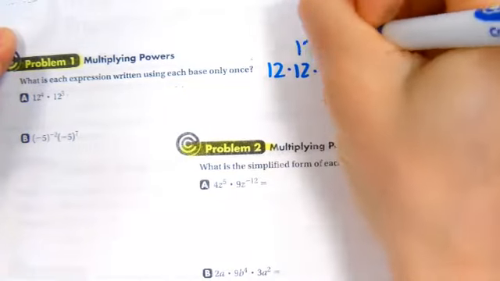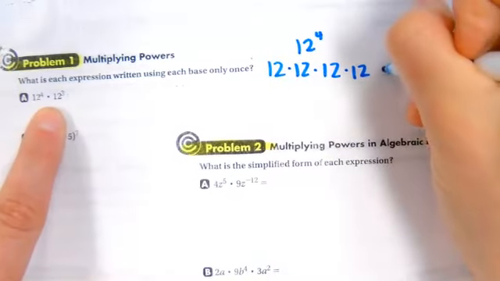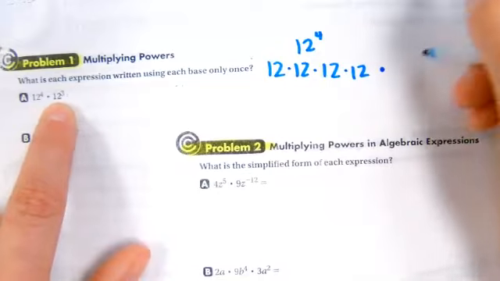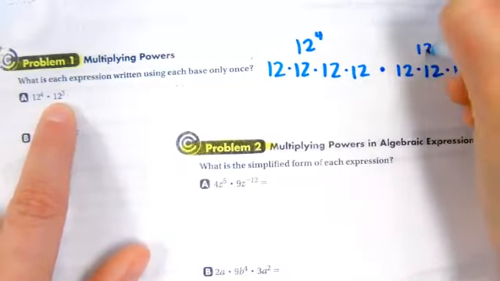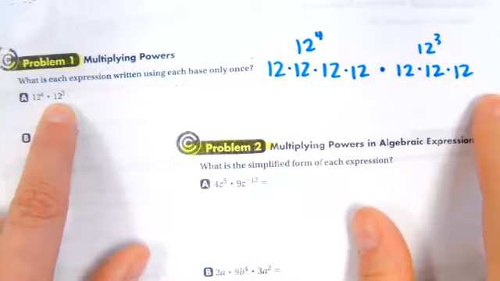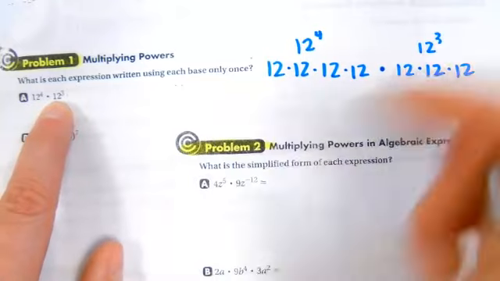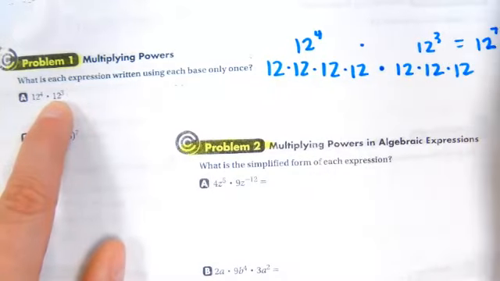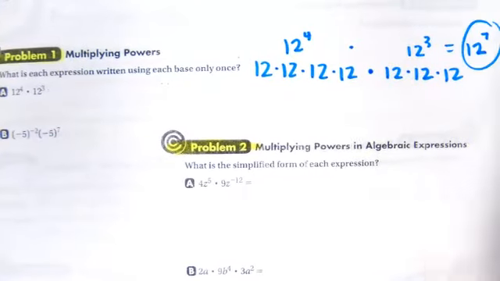If I multiply that by 12 to the third power, that's 12 multiplied by itself 3 times, 12 times 12 times 12. So altogether, how many 12s get multiplied by themselves? 7. So the shortcut is to keep the base and add the exponents. The answer here is 12 to the 7th power.